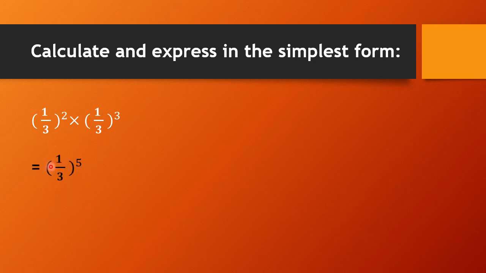So we will bring the same base and add the powers. 2 plus 3 equals 5. After that, we will distribute the power among the numerator and the denominator as in the previous lesson. So it will be 1 power 5 equals 1 and 3 power 5 equals 243.